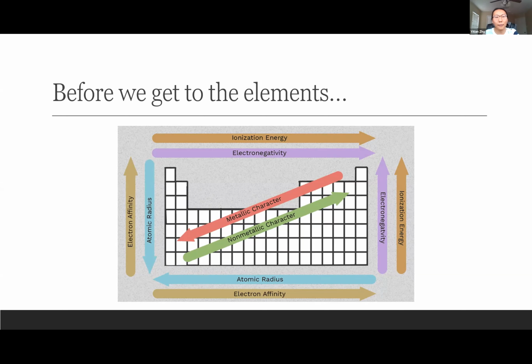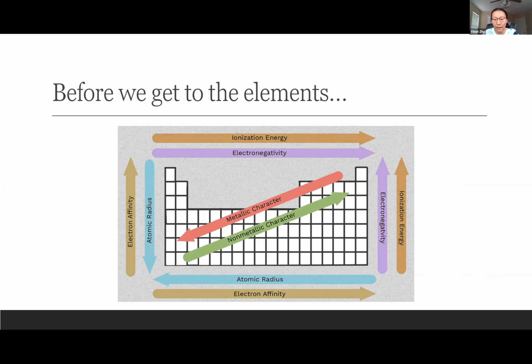When the energy increases at the top right, that means it's really hard. You have to use a lot of energy to get that electron off an atom. Electron affinity is kind of the opposite. It's how much an atom likes it when you force another electron onto the atom.